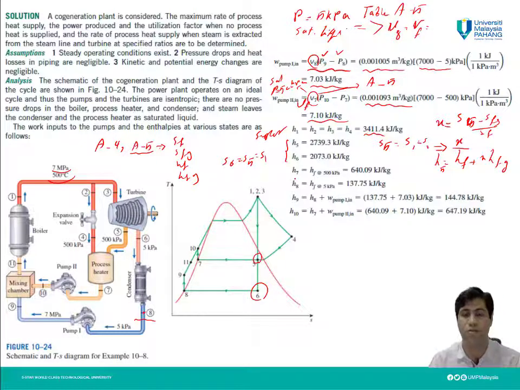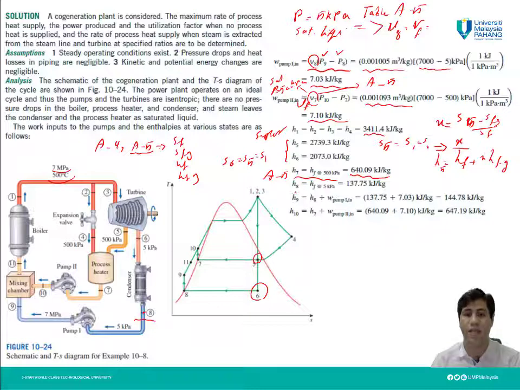So we need to go again to table A5 and find the enthalpy for this pressure for saturated liquid water. You can see h7 also from table A5. We can find this hf.